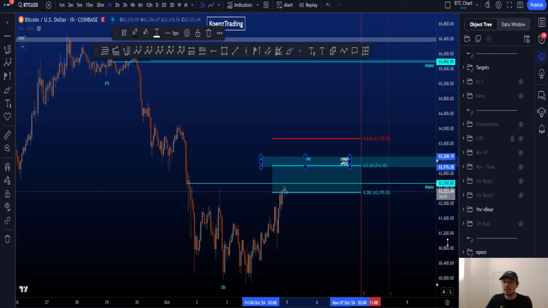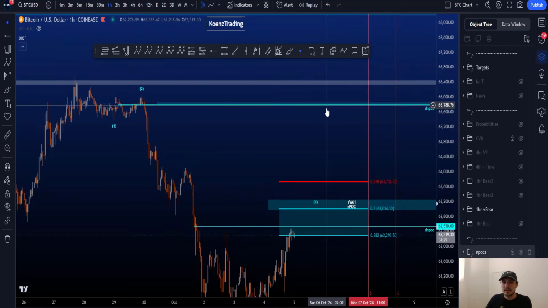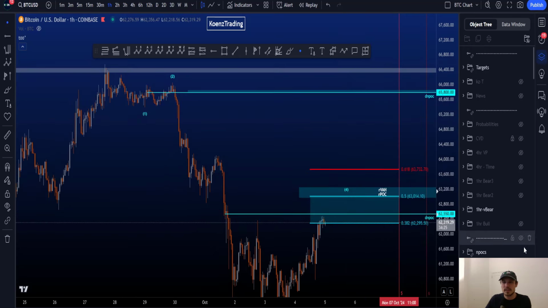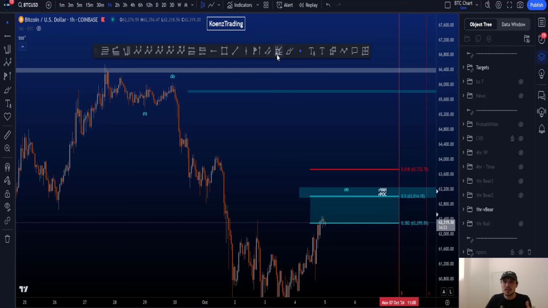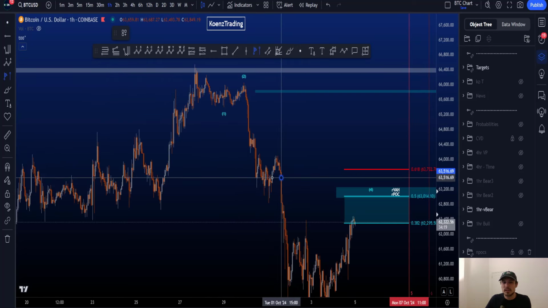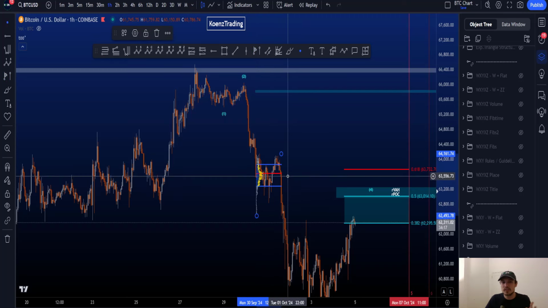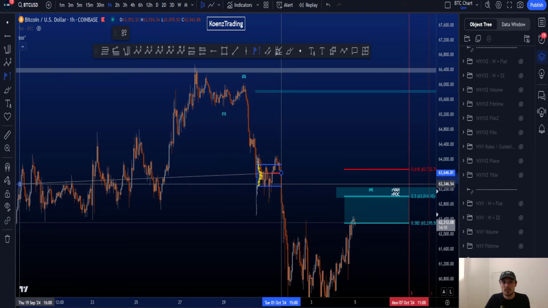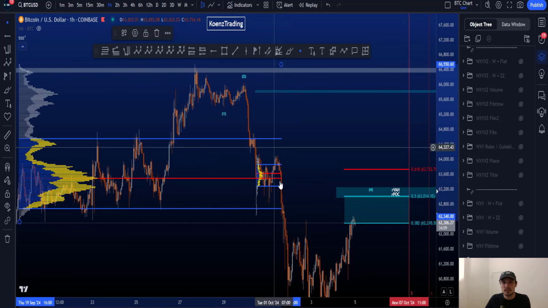Also has to be said that above this resistance, you can see there is not too much going on, and then we have 65.8k. The only thing arguably that we can then find as resistance is either pulling a volume profile of this range, and then, well, there we have a point of control at 63.6k as resistance, or we pull a volume profile from the upper side over here.